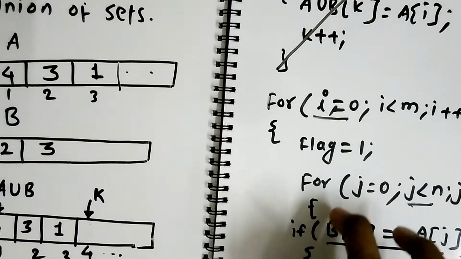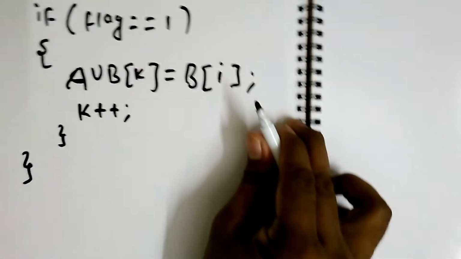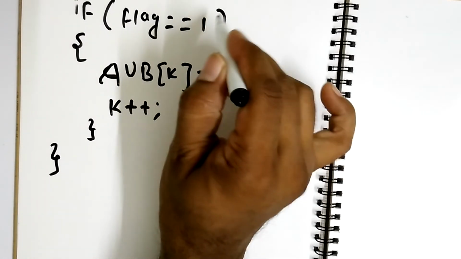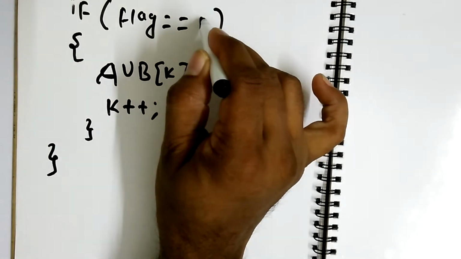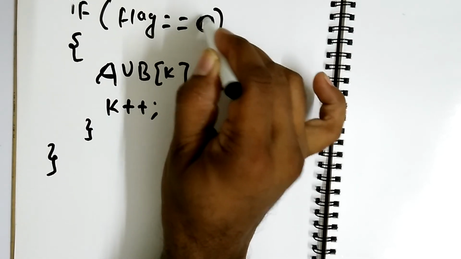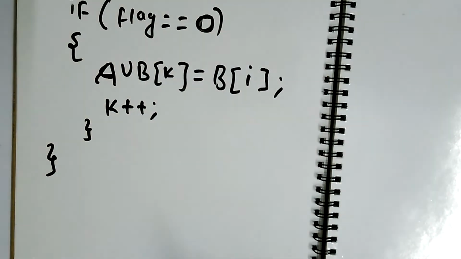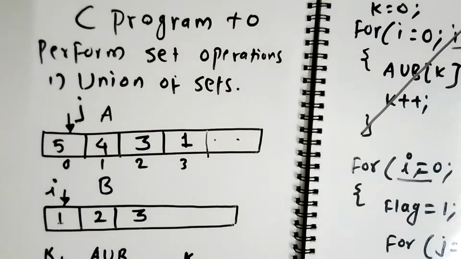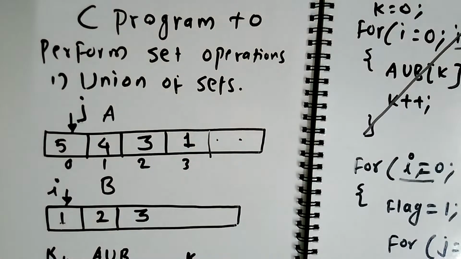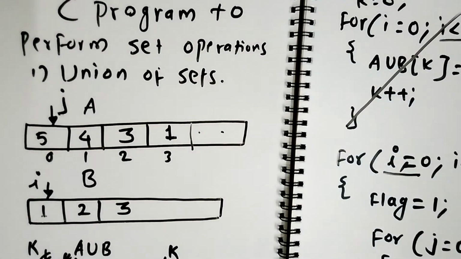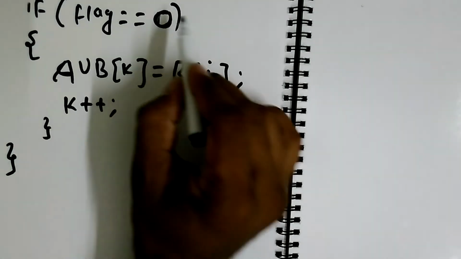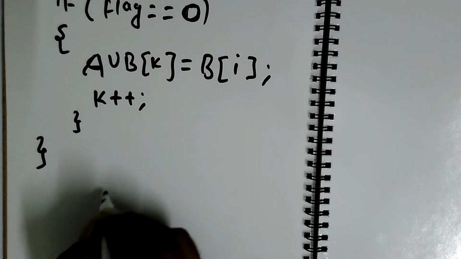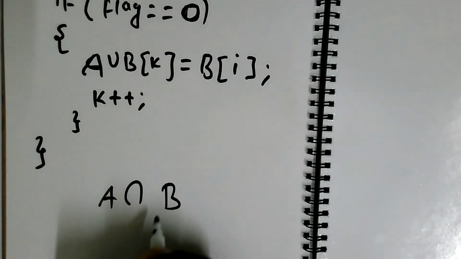After coming out of this for loop, I'll not copy when the flag is 1; I'll copy when the flag is 0. Flag 0 means the number is present in array A as well. Of course, we initialize k to 0 now. So with this small change I can get the A intersection B operation.